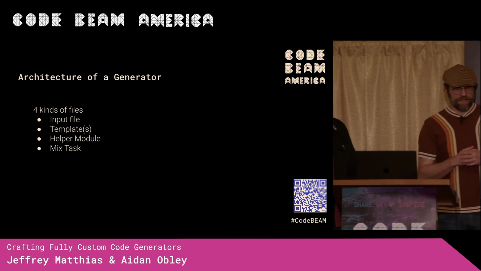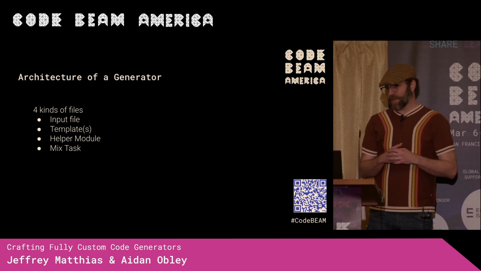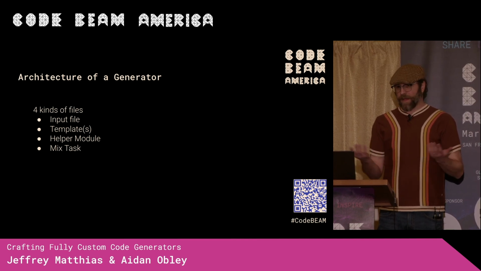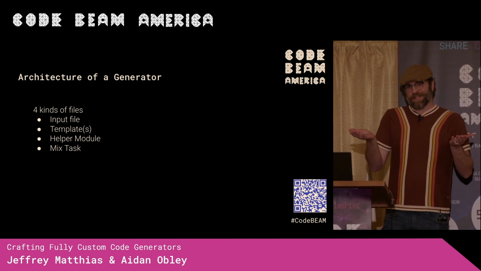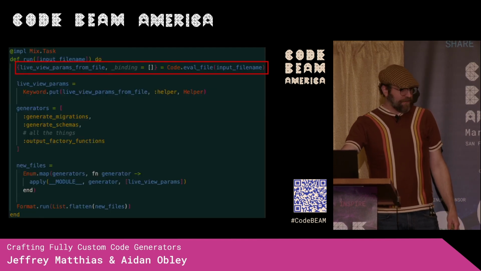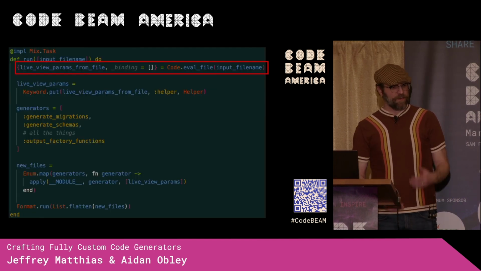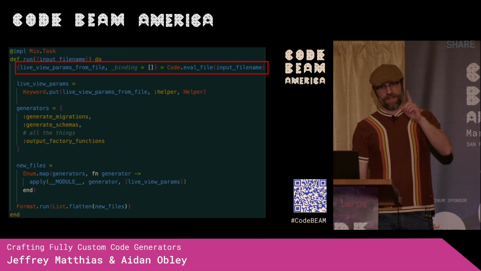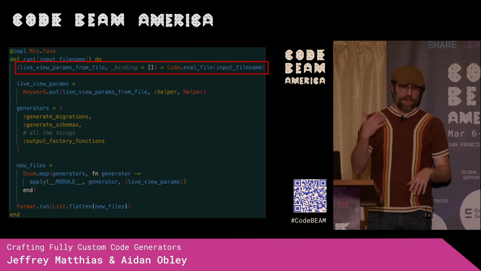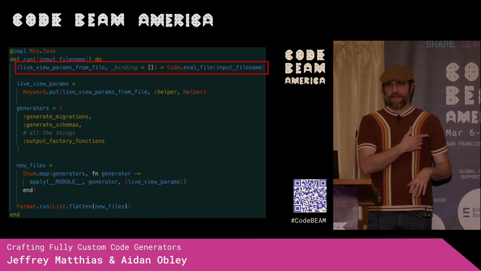So pulling all those things together is the mix task that we mentioned earlier. We've got a really basic pattern that we start with, and again, it's a starting point, but you can figure out what works for you. The first thing we do inside the mix task is get that file input. You'll notice we are taking a single thing because we found it way easier to take a file, and we're evaluating it as Elixir.